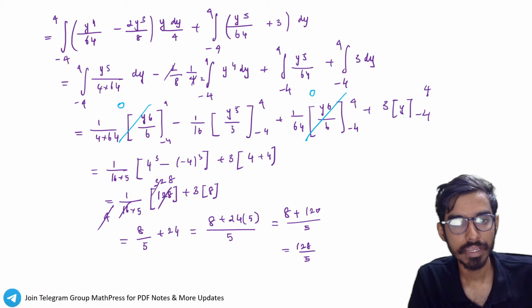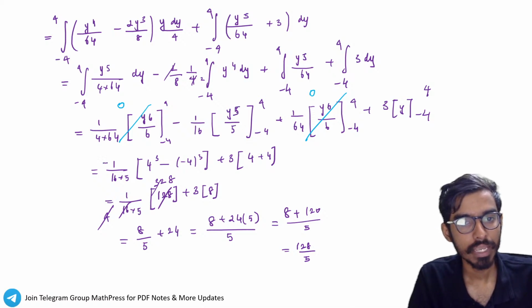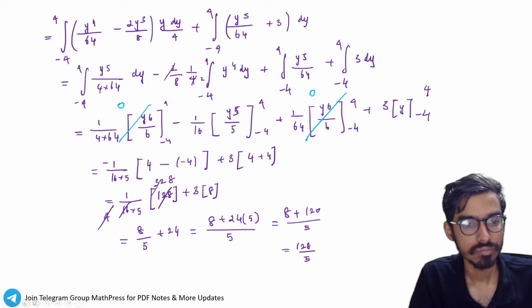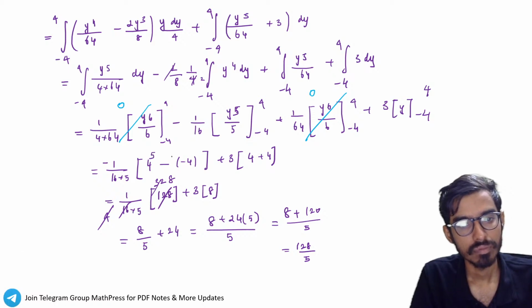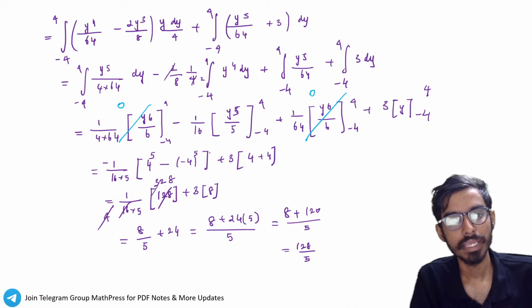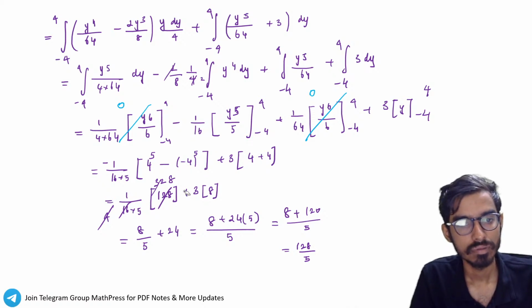This y power 5, right? Sorry. Y power 5. So here we have minus 1 by 16 into 5. Here we have 4 power 5, right? Yes, sorry.